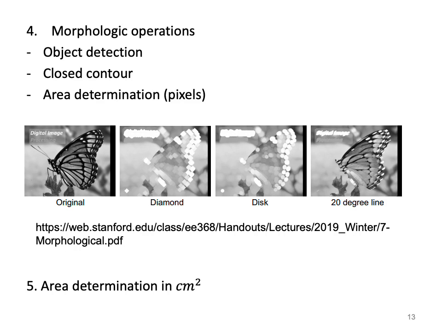In this case, the morphological operations can be used to determine different shapes like diamond, disc, or lines at some inclination. In our case, we use them to detect the disc form of the drop that is diffusing within the water.